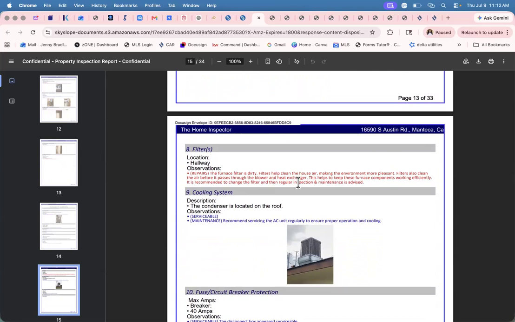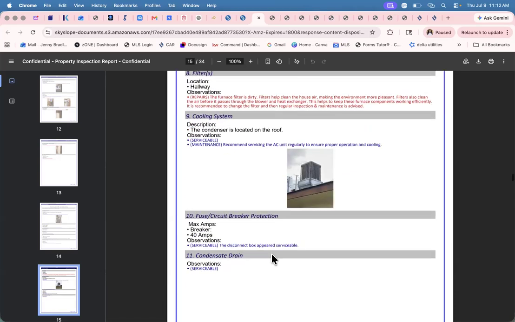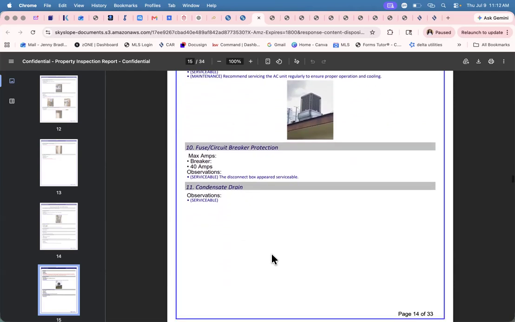It doesn't have to be fixed. They are just letting you know what their observations are. So later on, if the buyer decides to fix whatever they want to fix, they can. A lot of buyers see these and get scared and want to back out because they think they have to fix all of this, but they really don't.